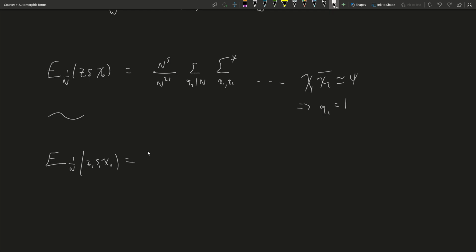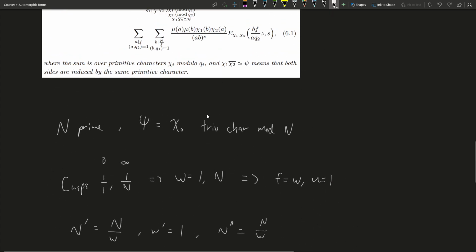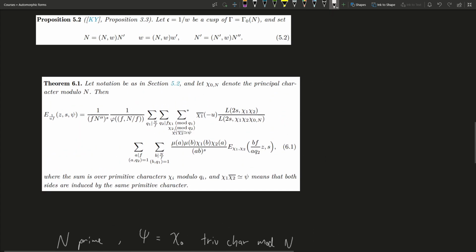So here we can write our Fourier expansion as 1 over n to the s, and again q2 has to be 1, so we can just omit that. And then our sum over characters of, well, we don't really have many choices, right? Because both q1 and q2 are 1, so this is just the trivial character, so there's really no sum here at all.